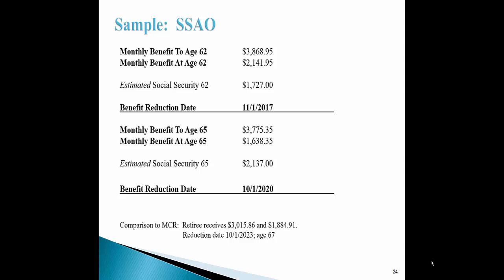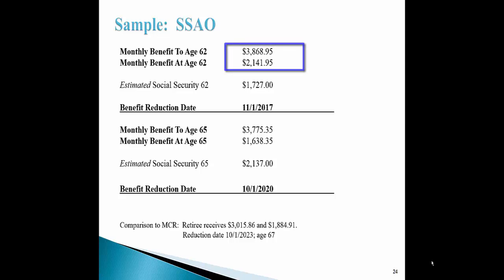For the SSAO at age 62 option, the retiree would receive $3,868.95 each month, and then the benefit would reduce at age 62 to $2,141.95.